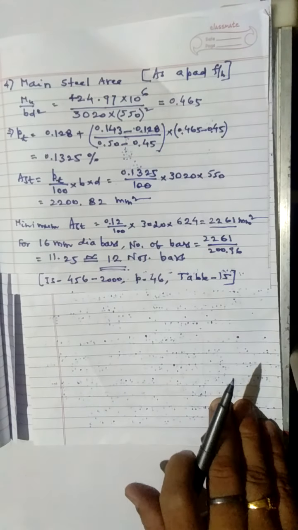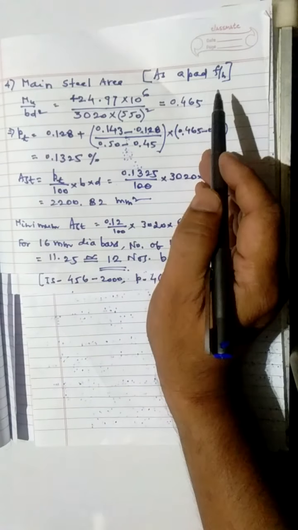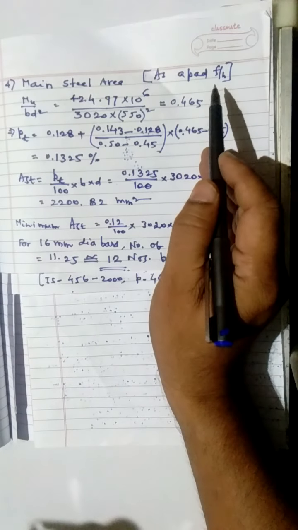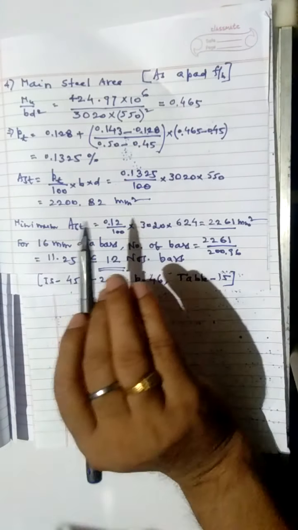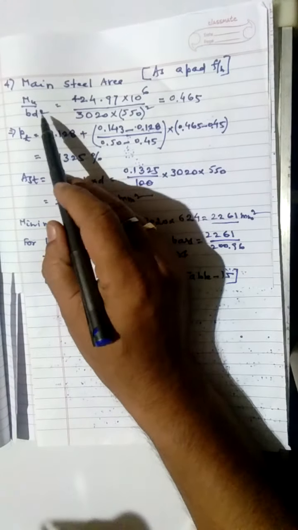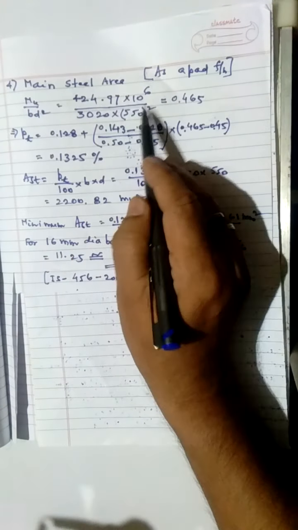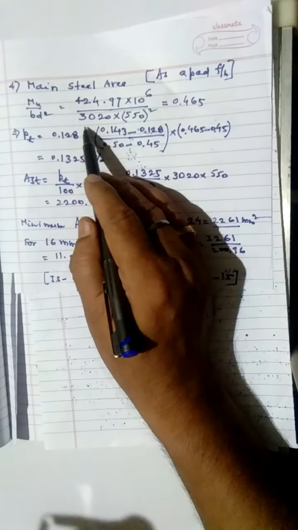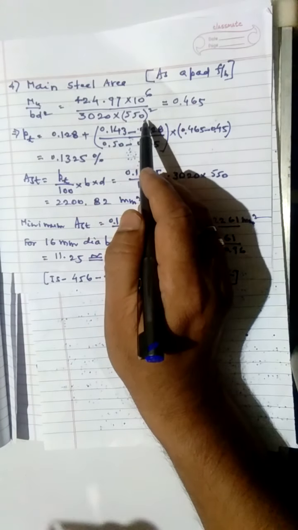With this, now we can calculate the main steel area. As we have selected a pad footing, in this case the depth is uniform throughout the width of the footing and length of the footing. So we'll calculate Mu by Bd square ratio equal to 424.97 into 10 to the power 6 divided by B, that is 3020, and 550 whole square.